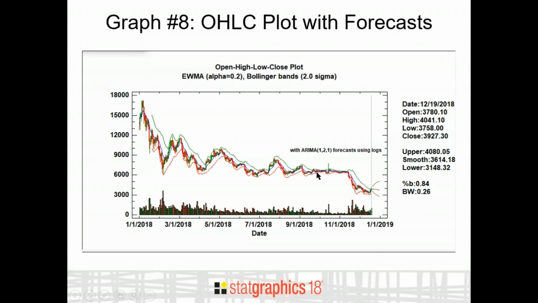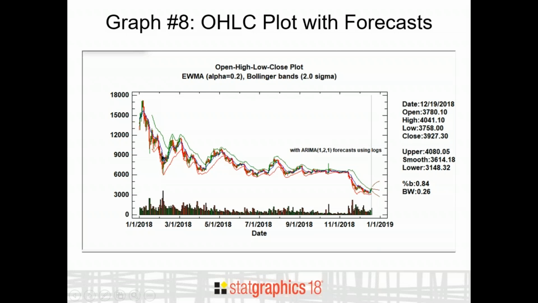Then there have been periods in September and October where there was very little change. An open-high-low-close plot consists of a bar on any given day, ranging from the high price to the low price. And incidentally, those bars are drawn green if the price went up during the day, and they're drawn in red if the price went down.